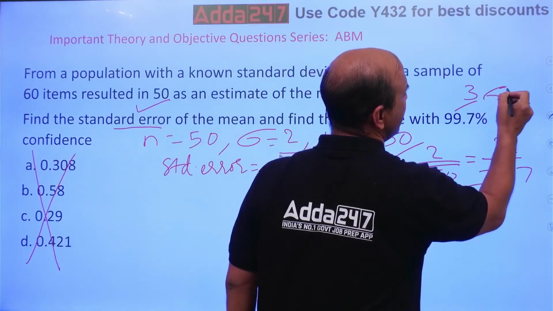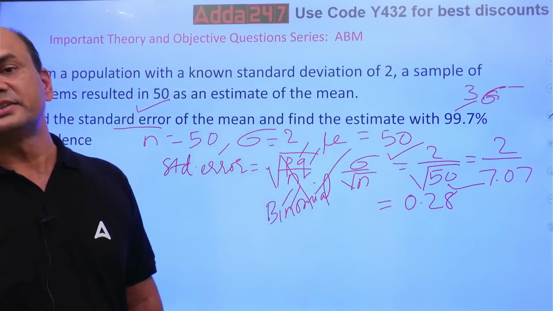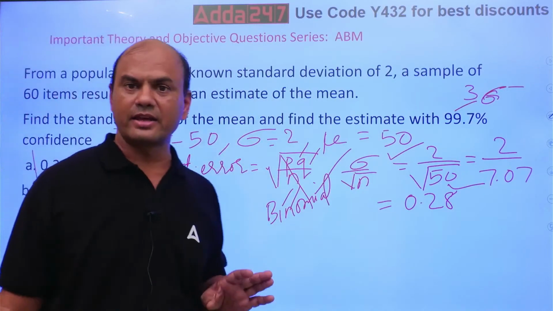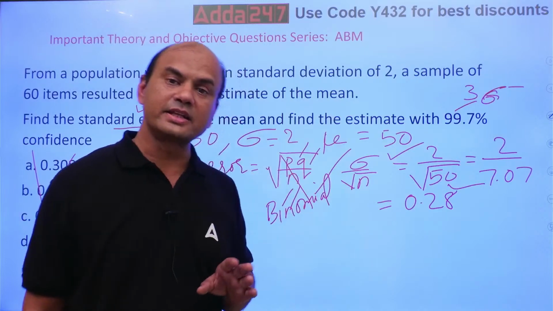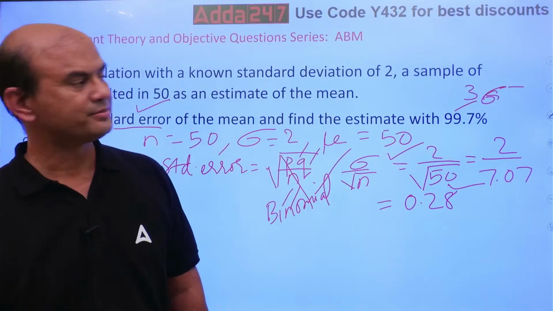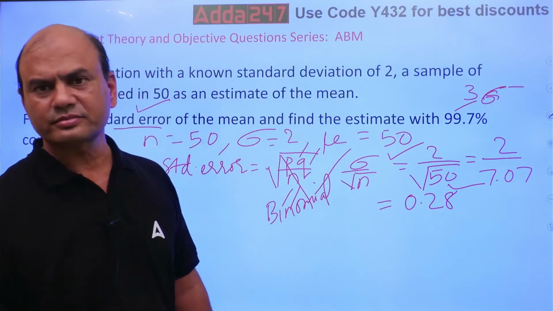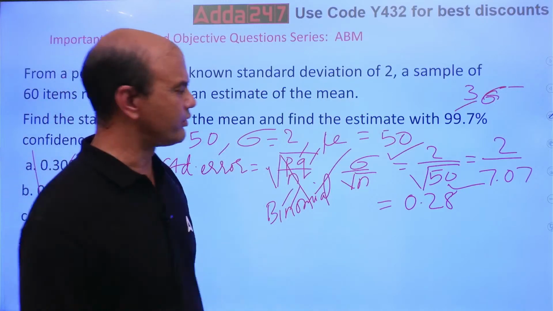3 psi dash. This is called psi dash. Standard deviation is written as psi. Standard error is written as psi dash. So 3 psi dash. Psi dash you already know, 0.28. So 0.28 into 3.